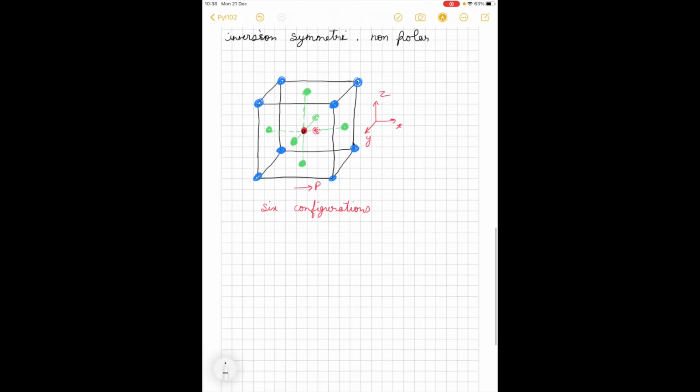Now what happens once you lower the temperature is that the crystal structure, instead of being inversion symmetric, goes to one of these configurations where the titanium atom is along one direction. So this gives you a spontaneous polarization in the system.